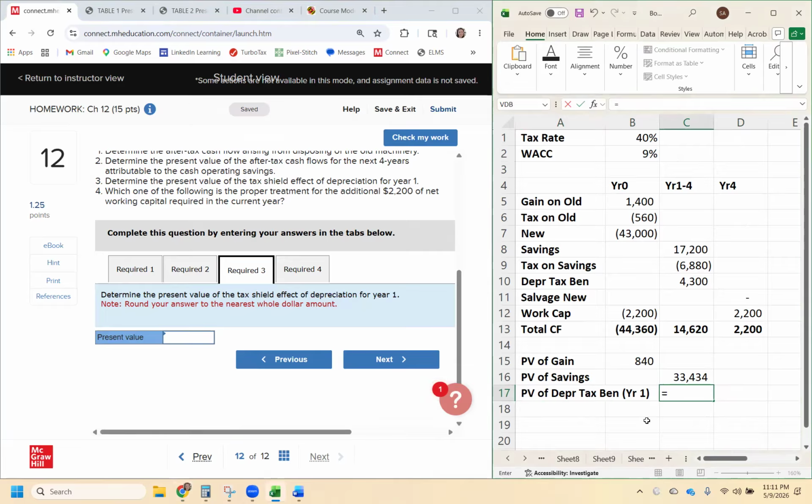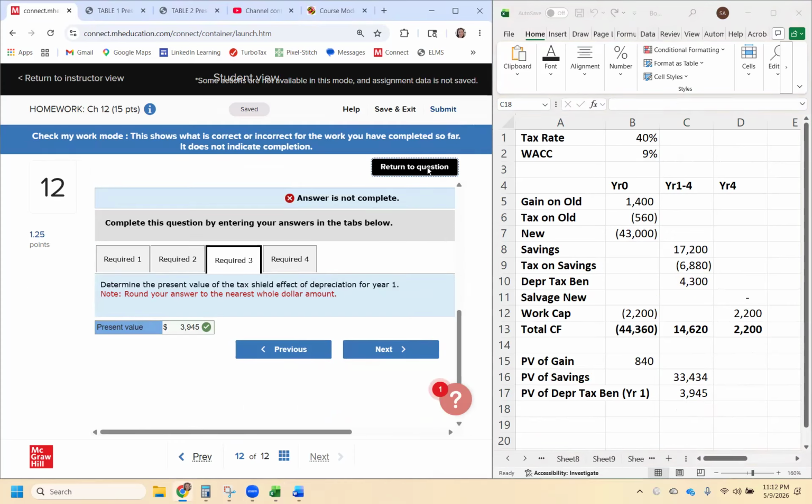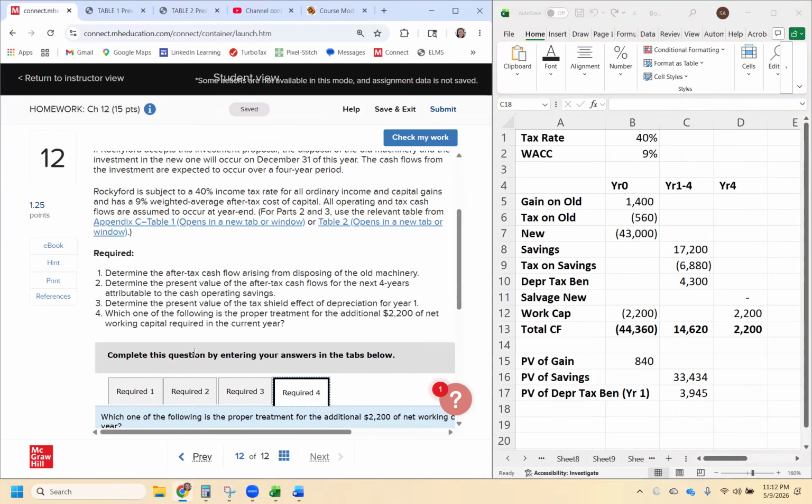So that is equal to, wait, number of periods, just year 1 it said, and that's the benefit, future value 0. 3945. And I always forget to change the sign. Okay, check that one. Very good. And the last one, oh, nice.